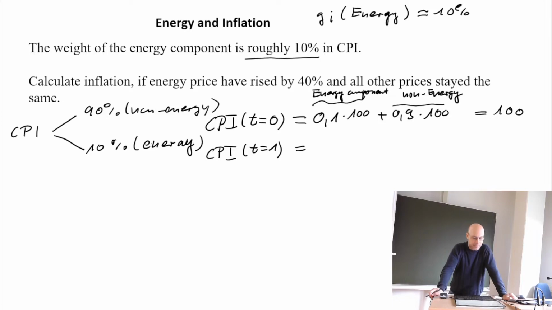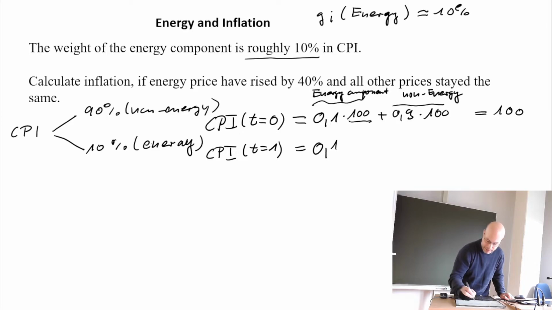And as you have already calculated in your head, we have 0.1, still 10%. And this sub-index for energy, what do I have to write here? 140, because this goes up by 40%.